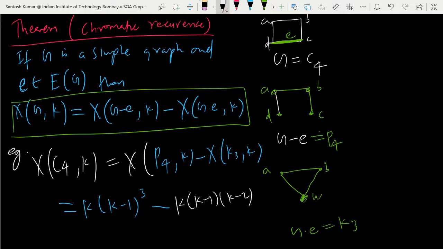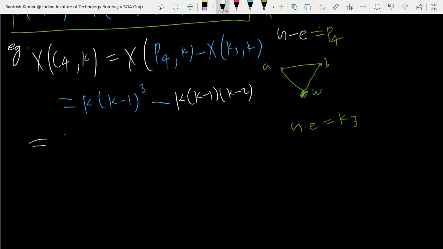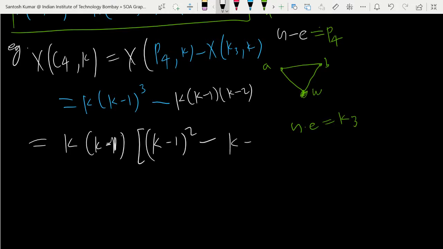Just in 2 steps you got it. If you know this chromatic recurrence formula, you can derive C4 this way. Now take K into K minus 1 common, and you have K minus 1 square minus K minus 2.